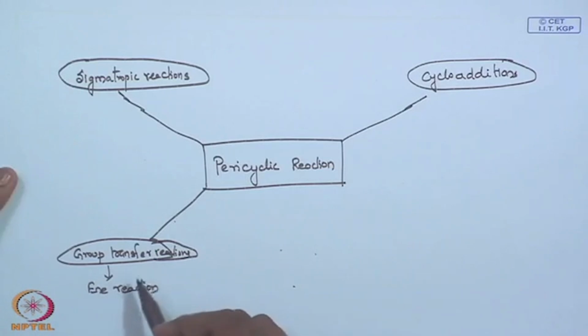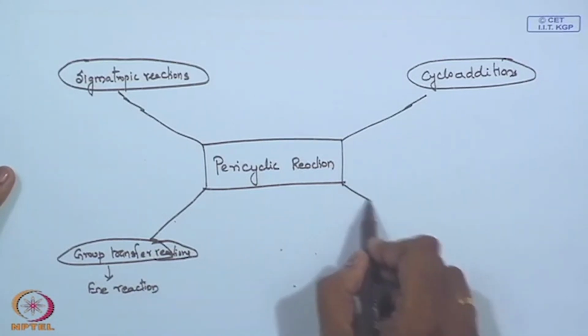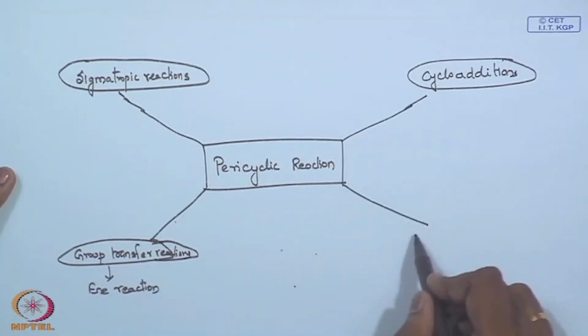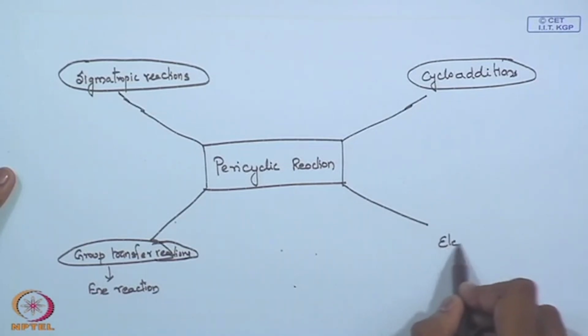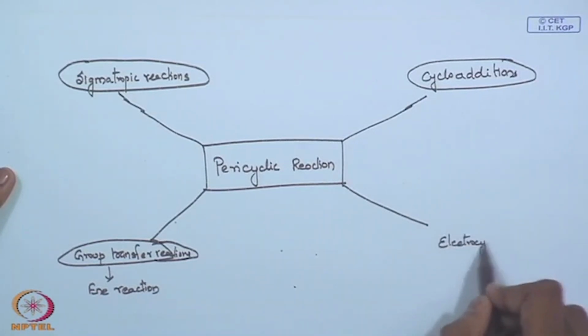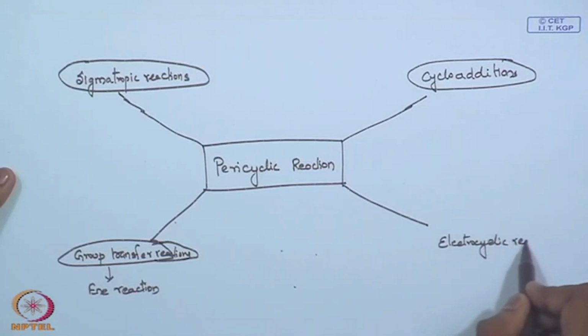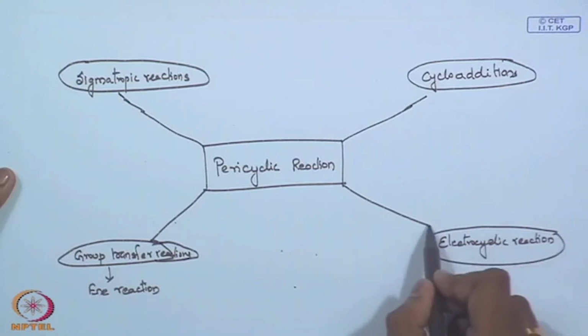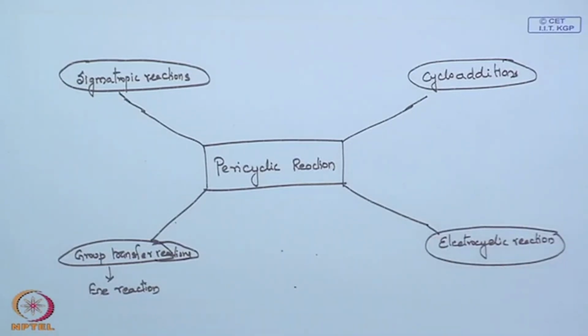After group transfer reactions, we moved to electrocyclic reactions, where we studied ring opening and ring closure, conrotatory and disrotatory modes, and their stereochemistry.